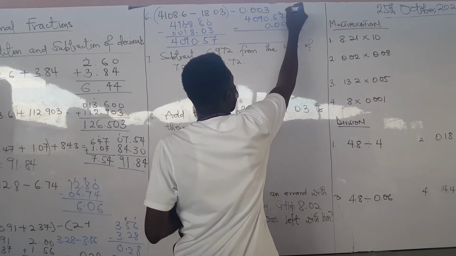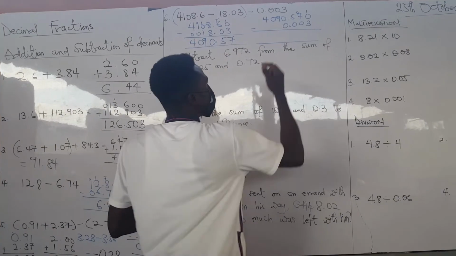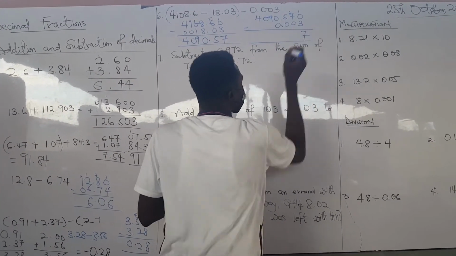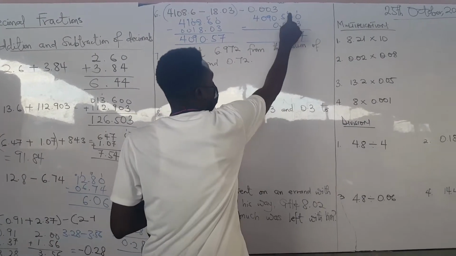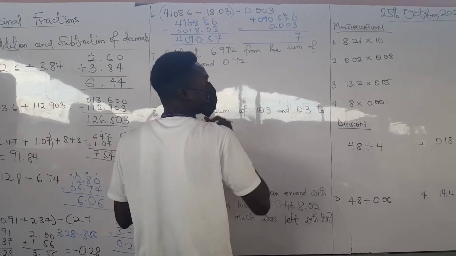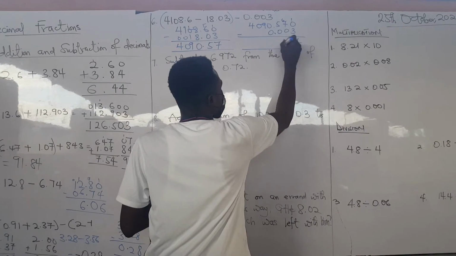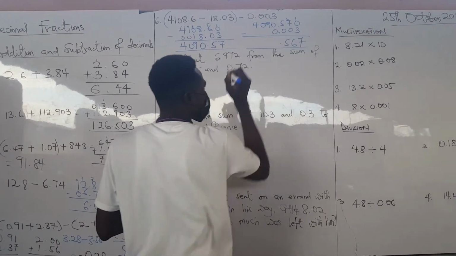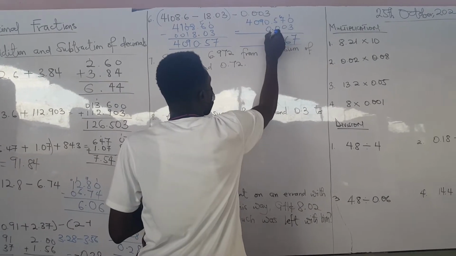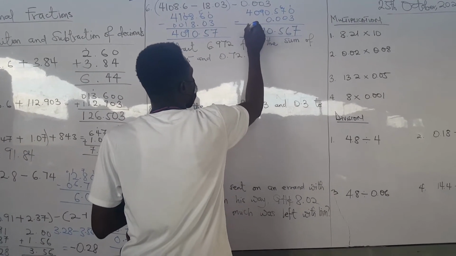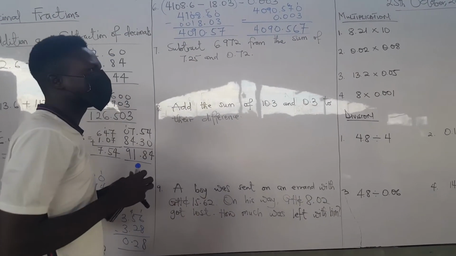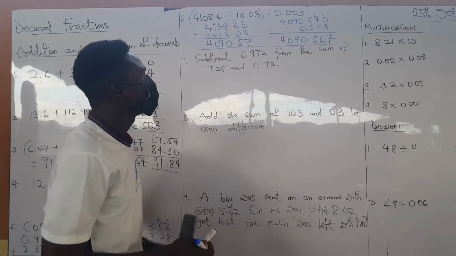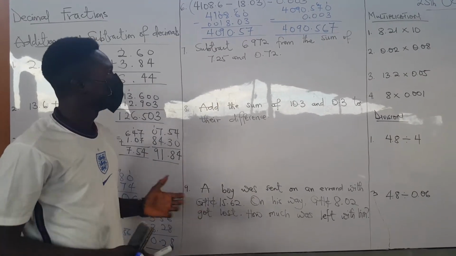This becomes 6, this becomes 10. 10 minus 3 will give us 7. Now this is now 6, and 6 minus 0 is 6. 5 minus 0 is 5. So we have our point here, 0904. So this becomes the answer if you do it this way.